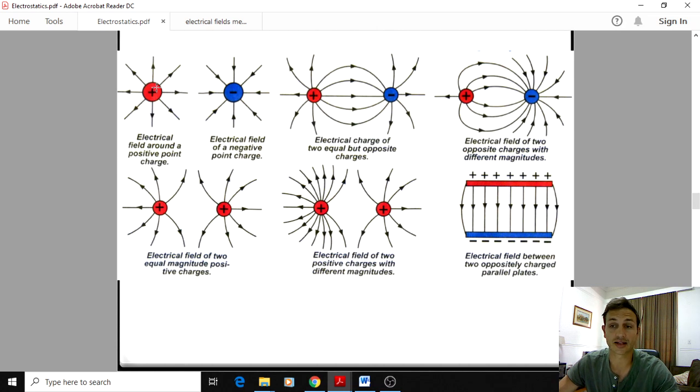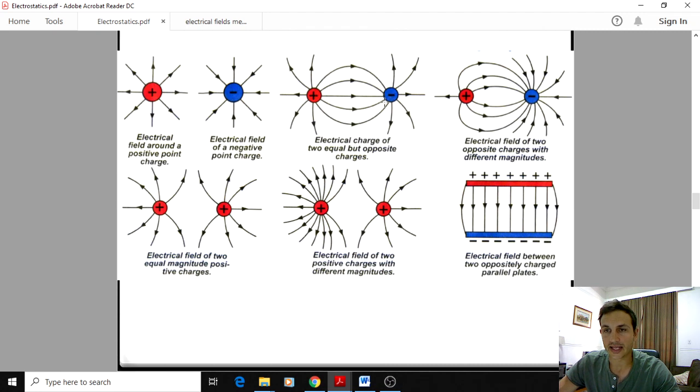They never cross. This one is going towards the negative charge. When we have two charges together, they go from positive to negative, as I've said. They still meet the charge at right angles, because they move away from and towards charges radially.